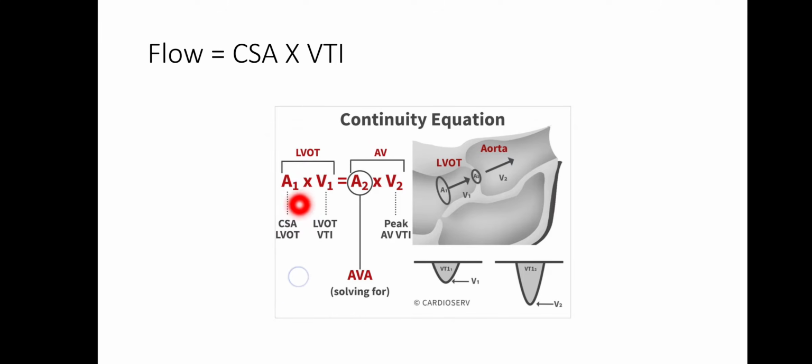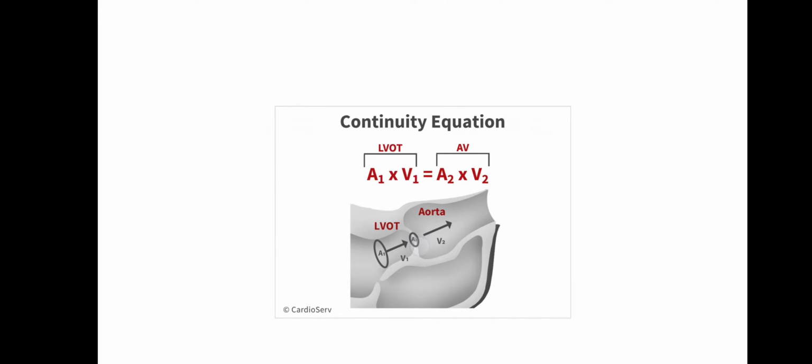And if we are using the velocity, then cross-sectional area of the LVOT multiplied by peak velocity of blood at the LVOT equals aortic valve area multiplied by peak velocity at the aortic valve. So this is how we can calculate the flow.